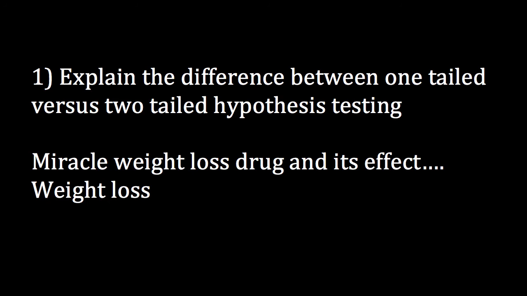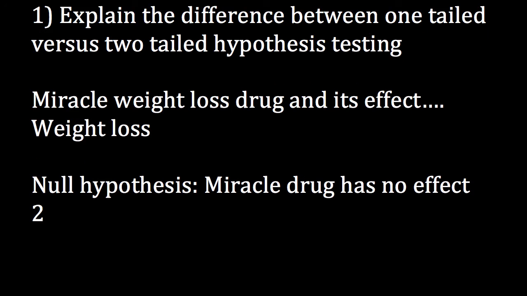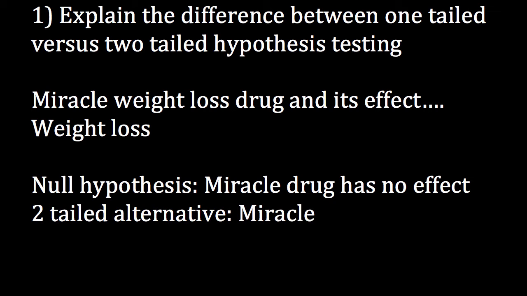So first we need to state the null and alternative hypothesis. The null hypothesis for the two-tailed test is going to be the miracle drug has no effect. For a two-tailed alternative hypothesis, it's going to be that the miracle drug has an effect.